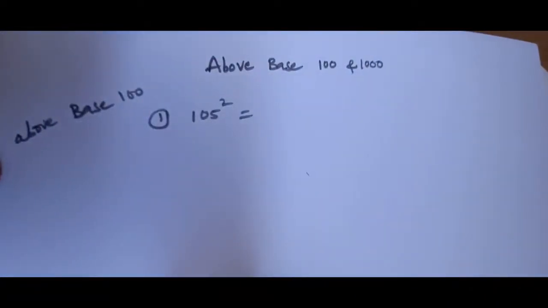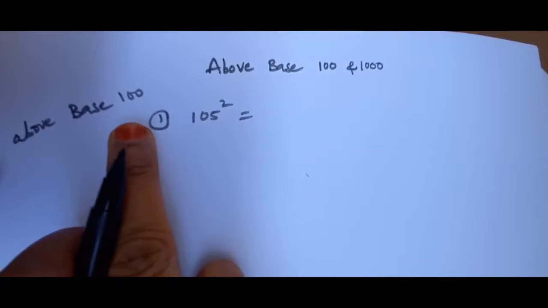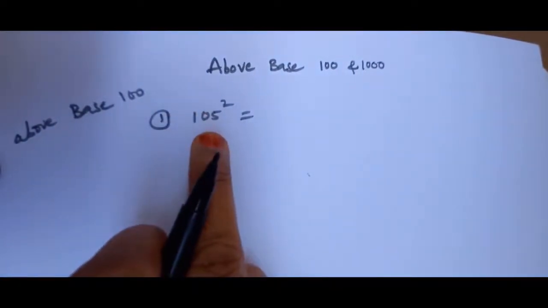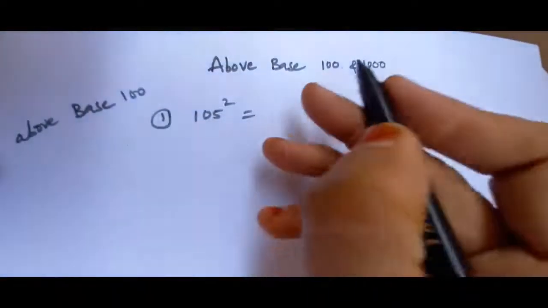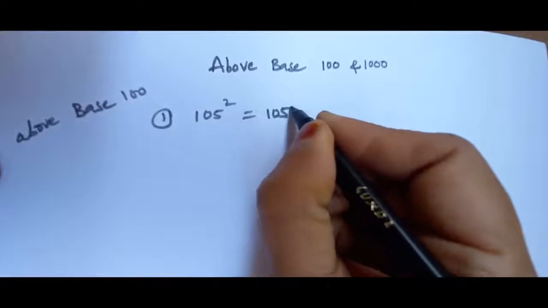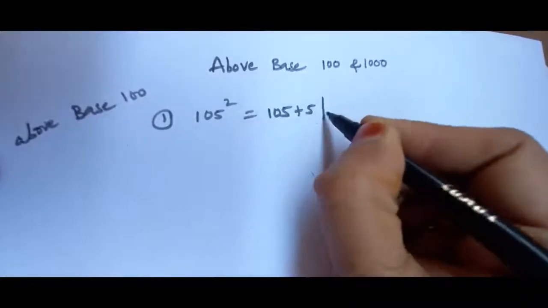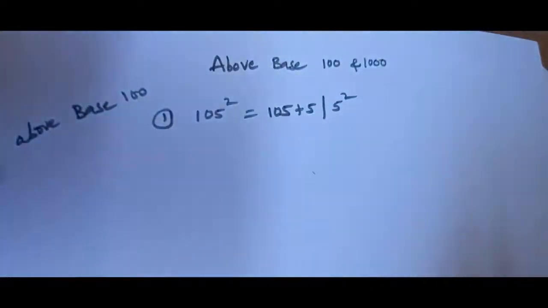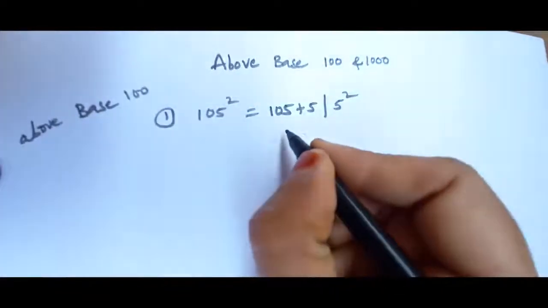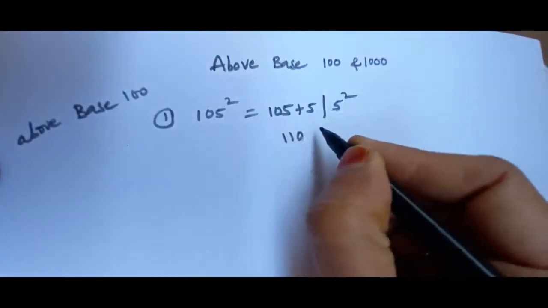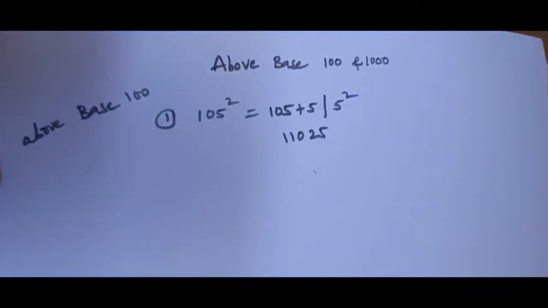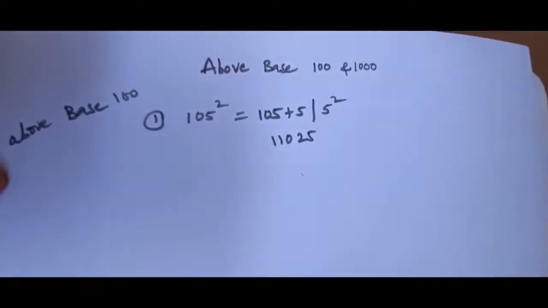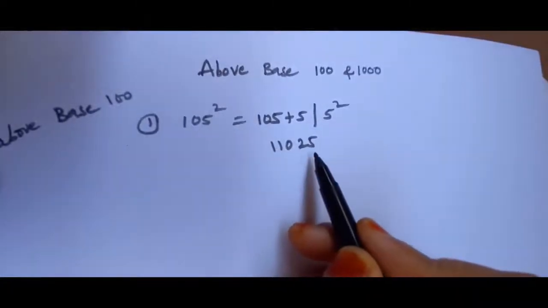In below base, we subtracted, no? Because it is less than 100. Here, it is 5 more than 100. If it is more than, we need to add. That means 105 plus 5, then again 5 square. So 105 plus 5 is 110. 5 square is 25. So directly we can write. So 105 whole square is equal to 11025 is the answer.